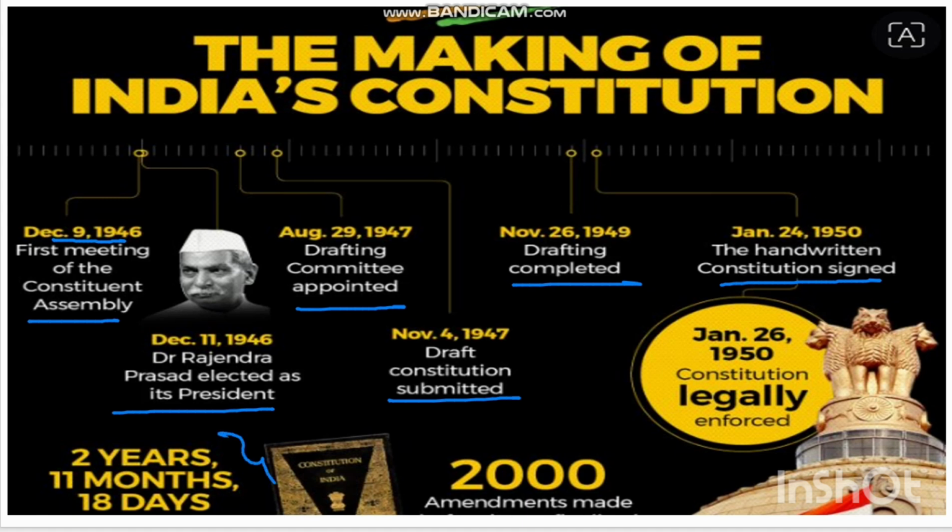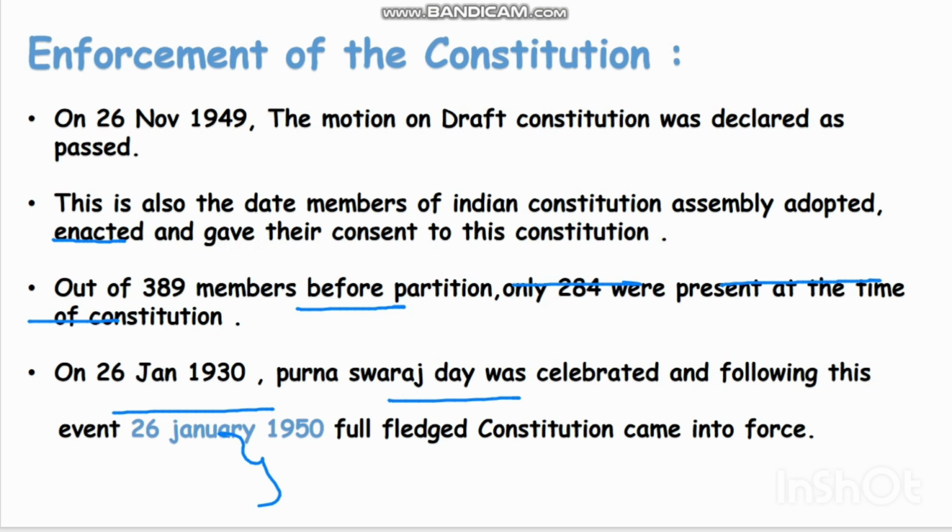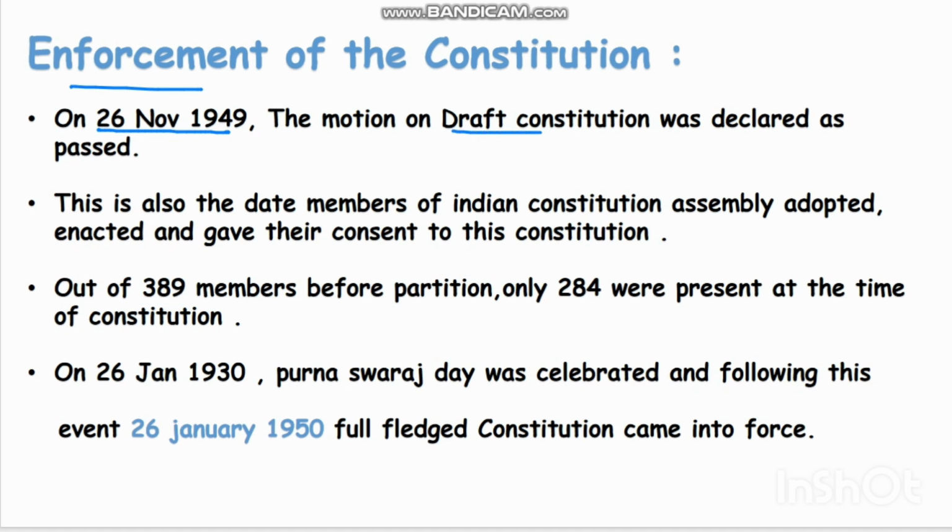For this full process, 2 years, 11 months, and 18 days were taken, and the constitution was adopted on 26th November 1949. All the process was completed on November 26, 1949, and the motion of the draft constitution was declared as passed on that day.